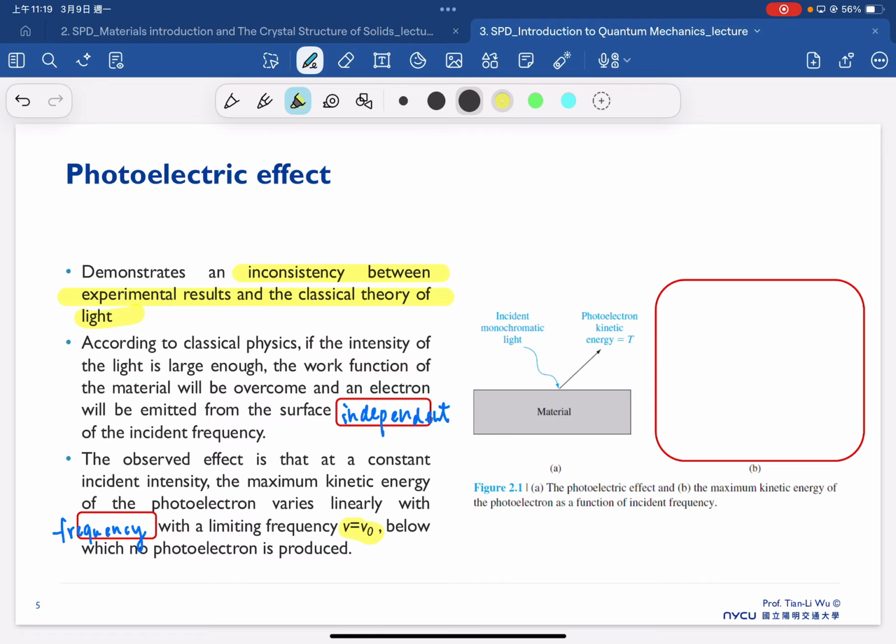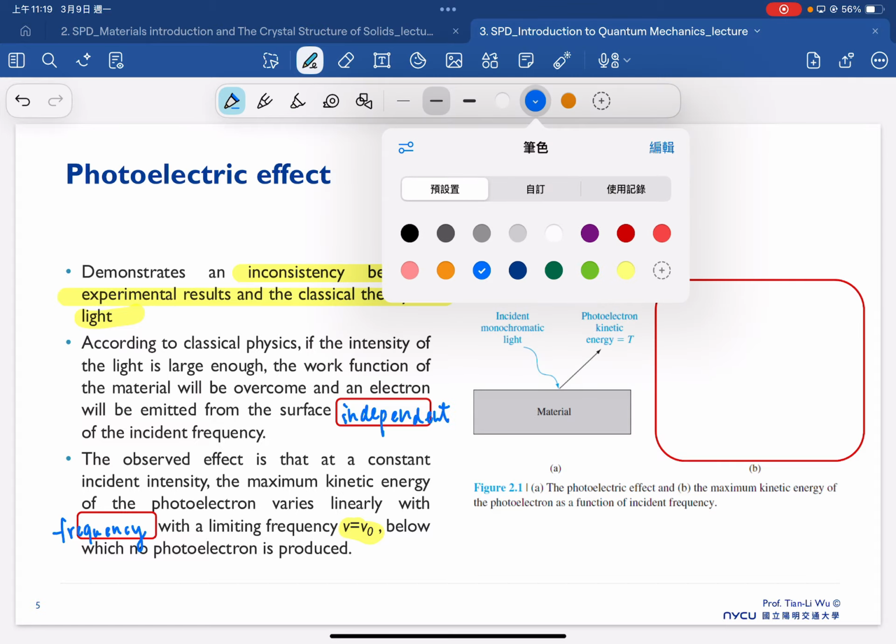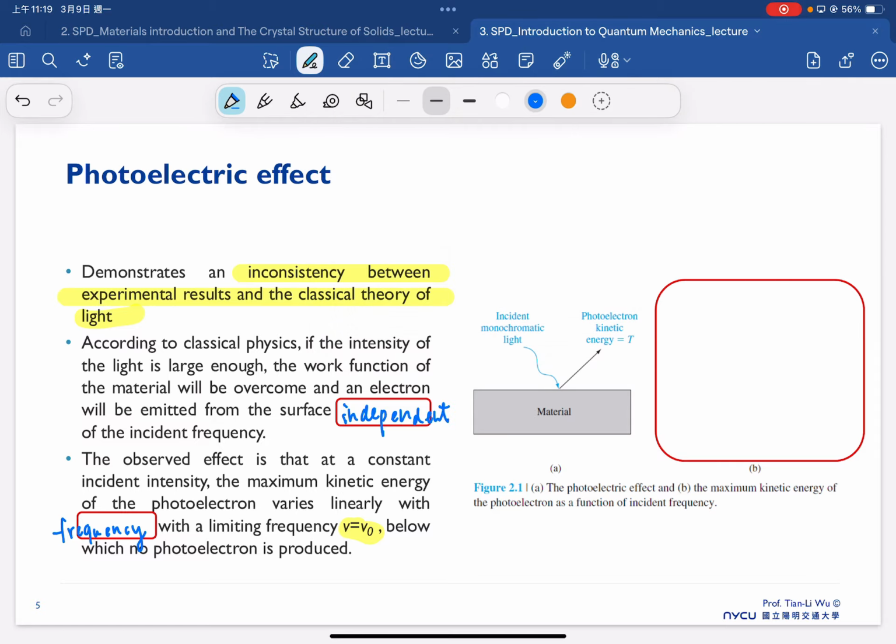Based on these descriptions, we can have this figure where the x-axis is the frequency and the y-axis is the maximum kinetic energy.